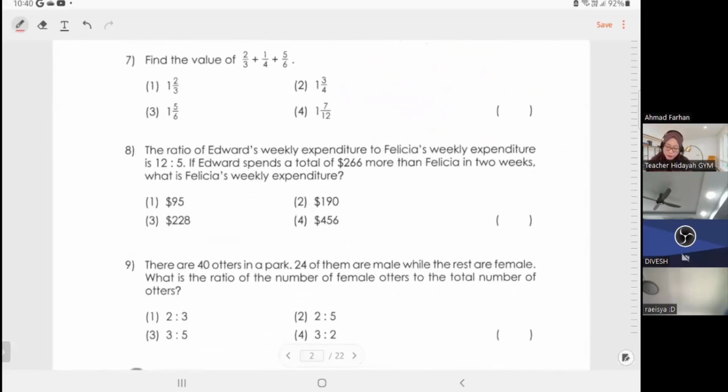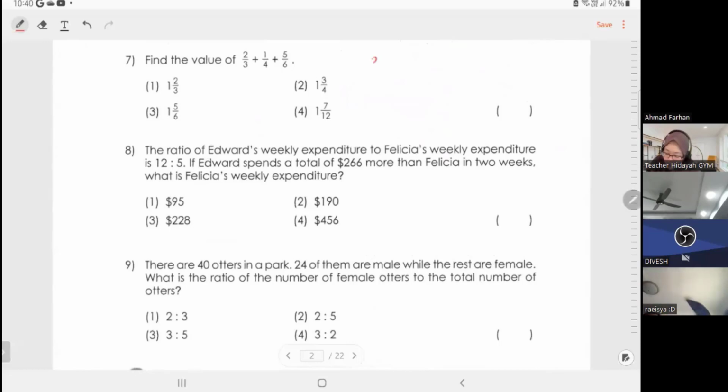Next one, number 7. Find the value of this. Very easy. First things first, when you want to do anything with fractions, the denominators must be the same. Okay, you can see that the denominators are not the same. I'm going to change them into the lowest common multiple, which will be 12.